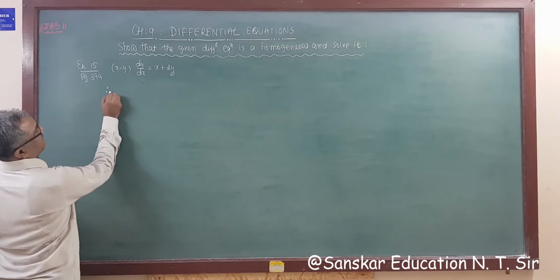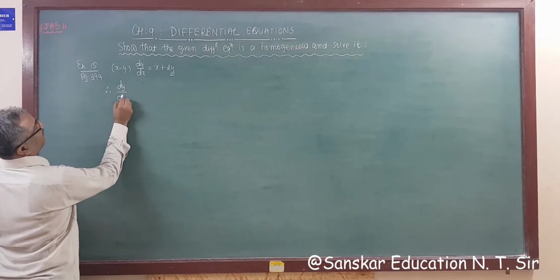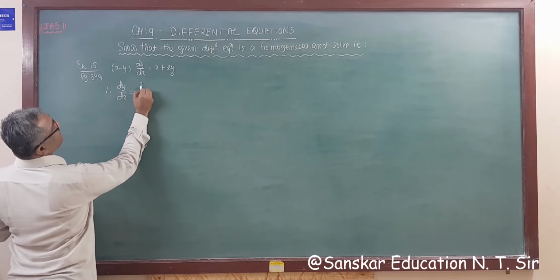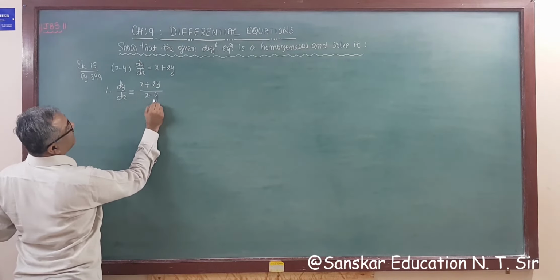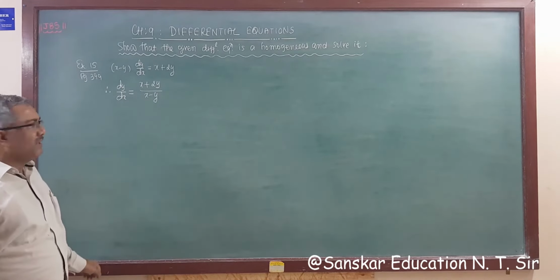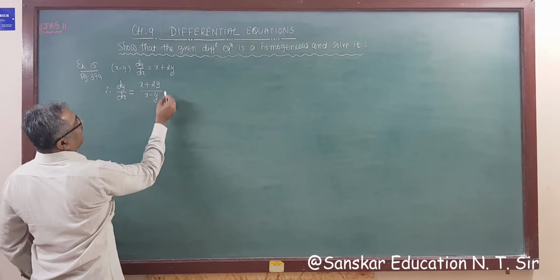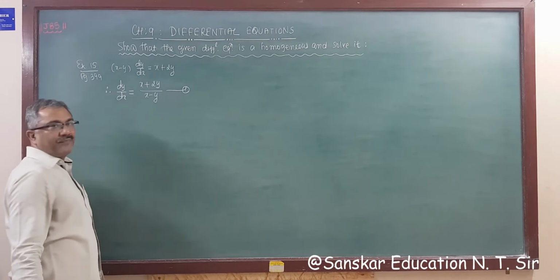So if we express this in dy by dx form, then dy by dx is equal to x plus 2y upon x minus y, right? Say this is result number 1.